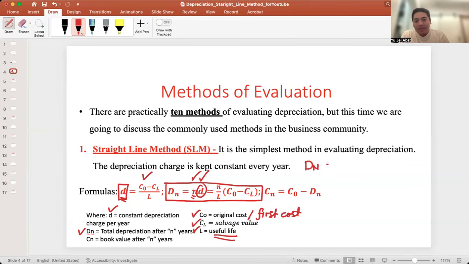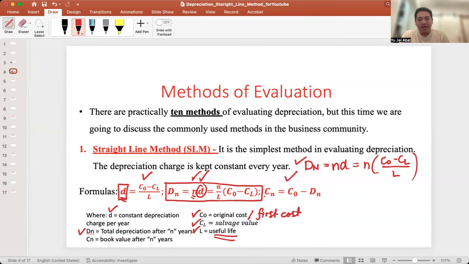And if we expand that, we have n times d, but we know that d will be equal to C sub O minus C sub L all over L. So this is another formula to find the total depreciation of the equipment in just a year or in n years.